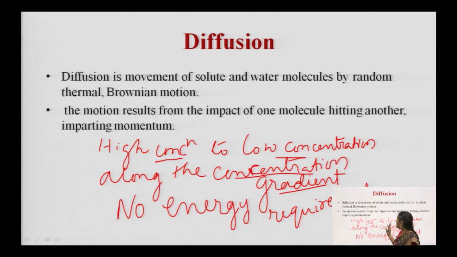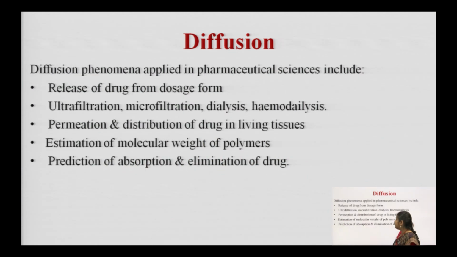So, we got the idea about diffusion. Now, we can see where this diffusion phenomenon is applicable in pharmacy. It is mainly applicable while studying the release of drug from dosage form, especially in sustained release and controlled release dosage forms.